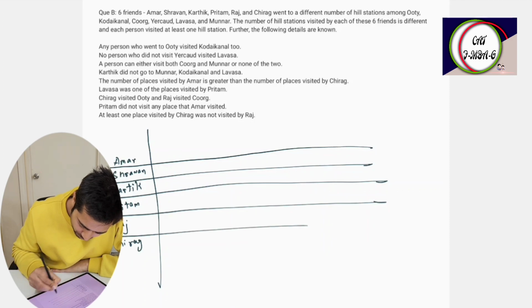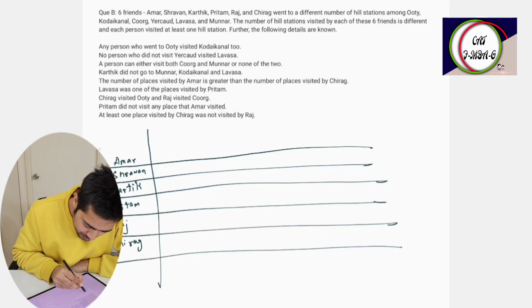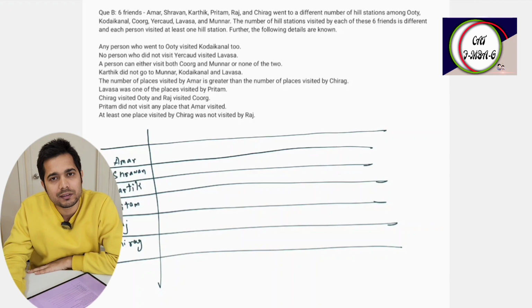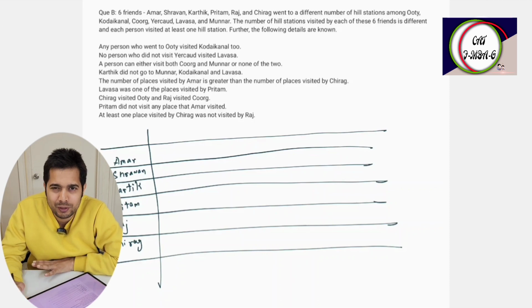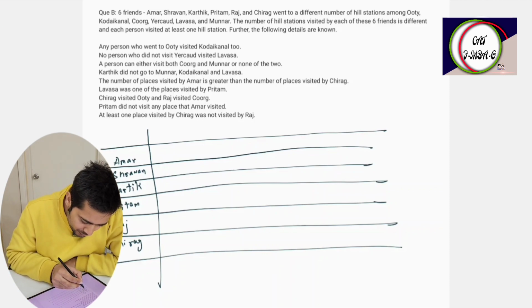That is the key to solving data interpretation sets. I will teach you how to represent data in pie charts, in hardcore data interpretation sets, in puzzles, and in circular tables also. So stay tuned. We are going to learn a lot this year.